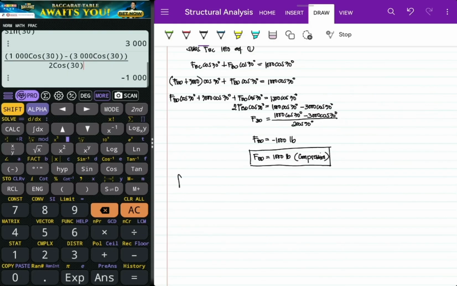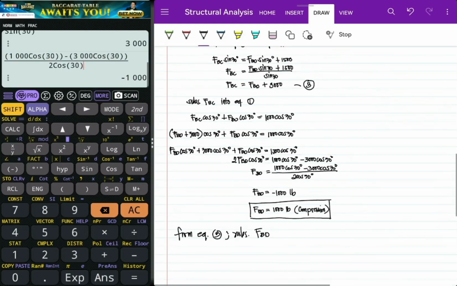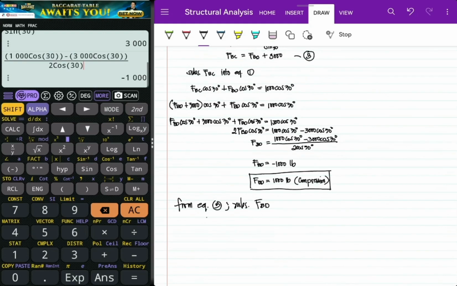So from equation number 3, substitute FBD. FBC, our equation number 3, is FBC is equal to FBD plus 3000. This is negative 1000 only.